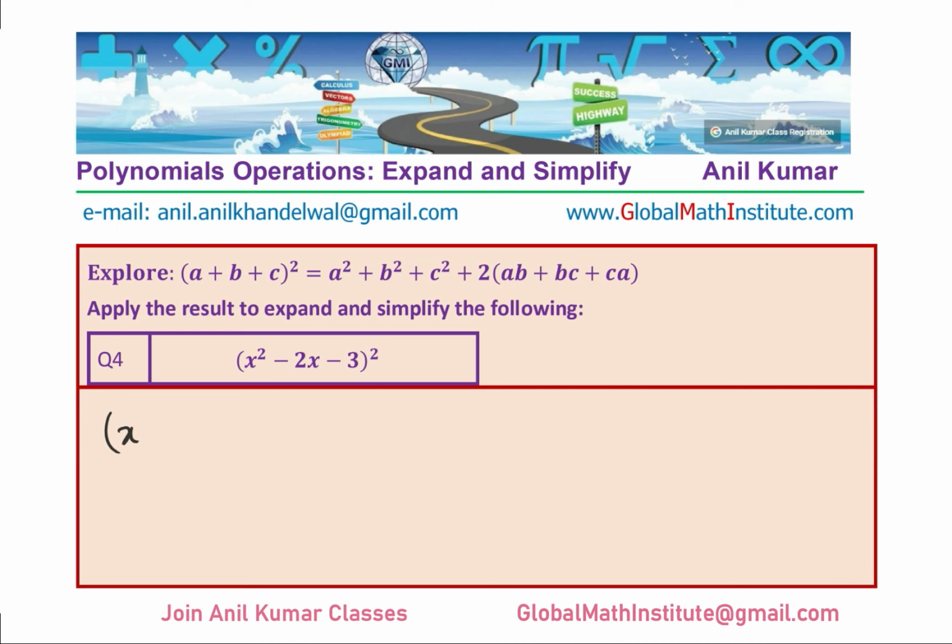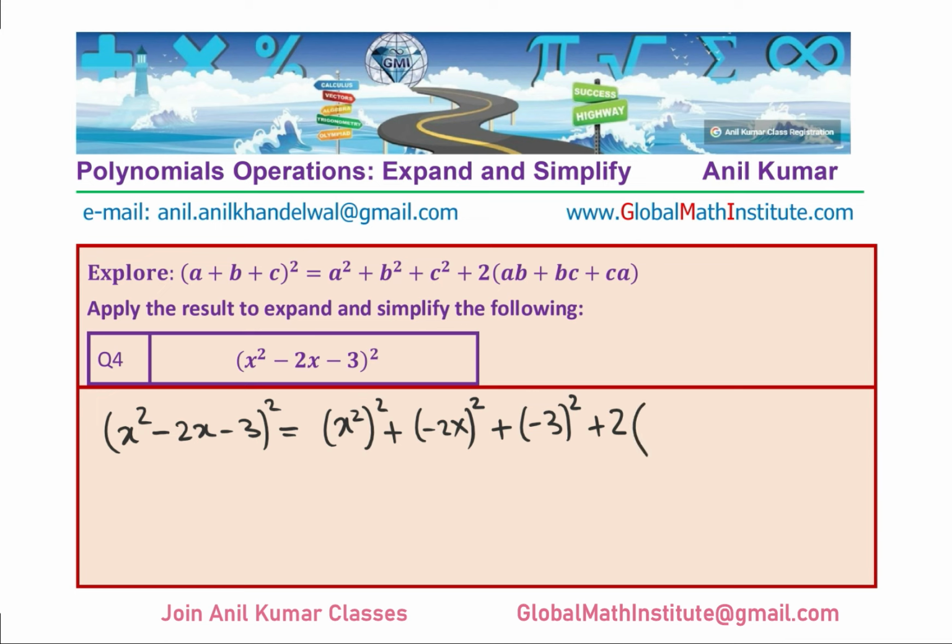So (x squared minus 2x minus 3) whole square will be written as the sum of squares of the terms, right? So important: just take signs inside, the negative signs, correct? And write positive outside. That makes more sense, correct?